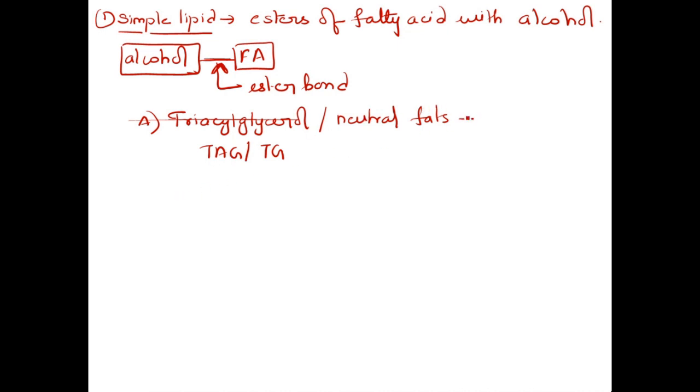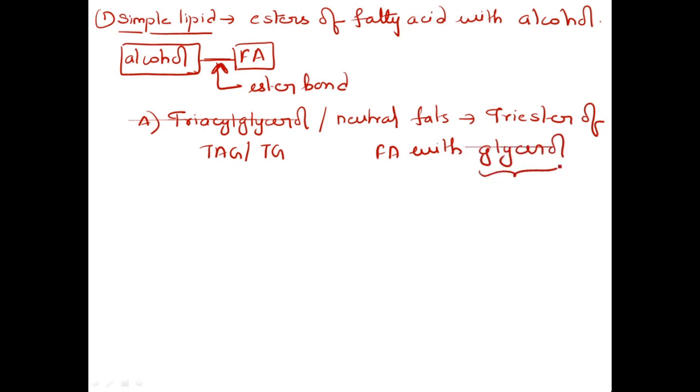These triacylglycerols are the triester of fatty acid with glycerol. So glycerol is the alcohol in this triacylglycerol. This glycerol is trihydric alcohol because of the presence of 3 OH groups in this glycerol.